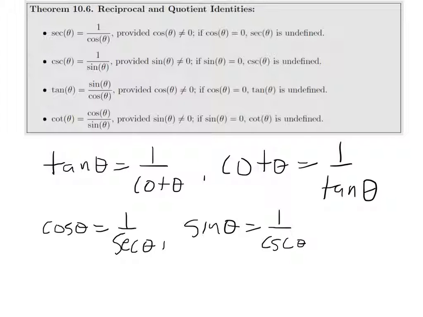So they're not all listed, and the tangent and the cotangent are written as quotient identities, cosine over sine, but they also exist as reciprocal identities in their own right. Okay, let's move on.